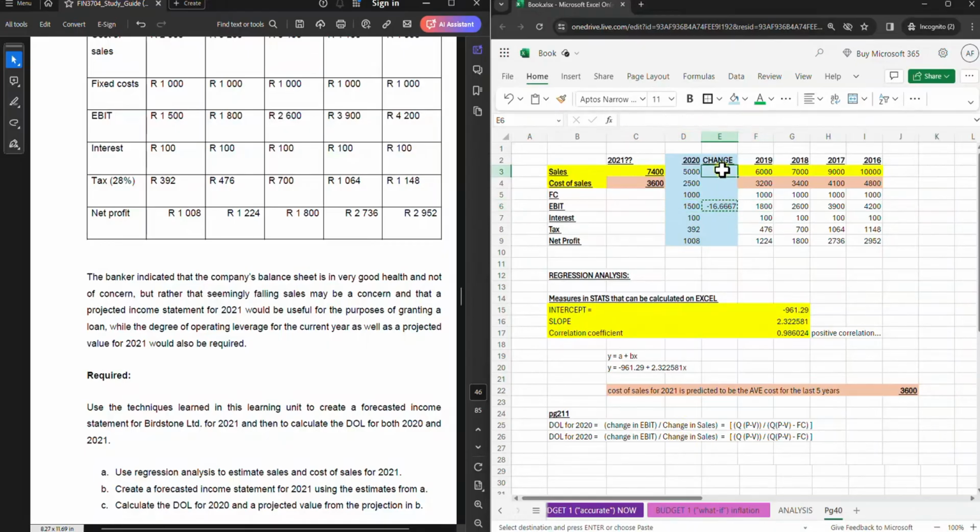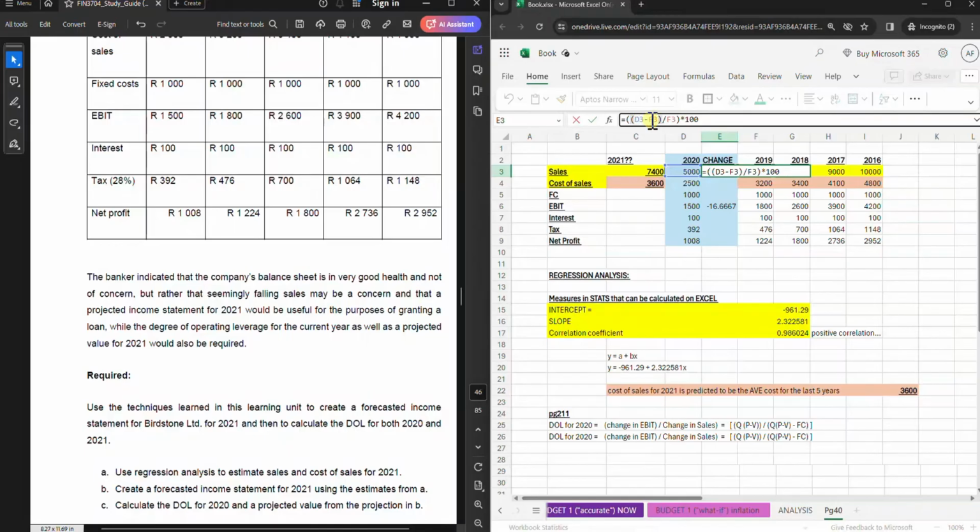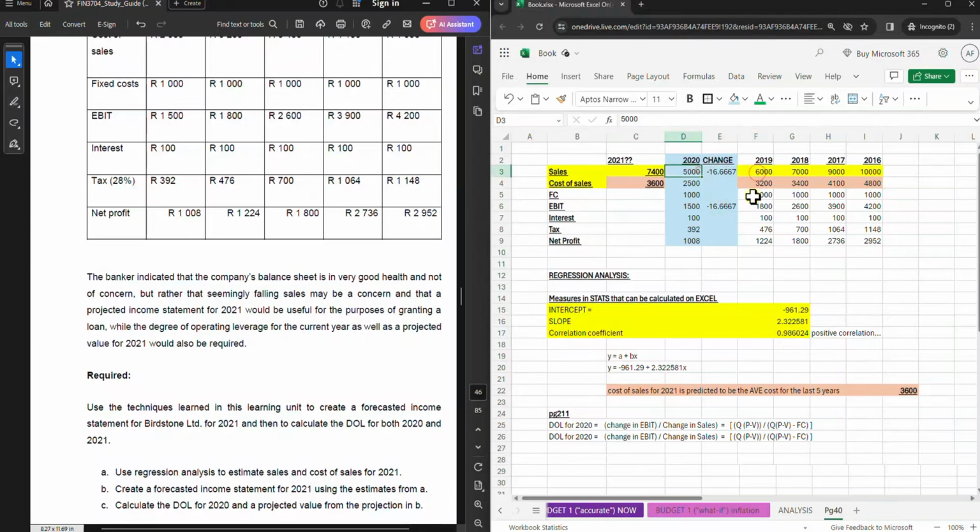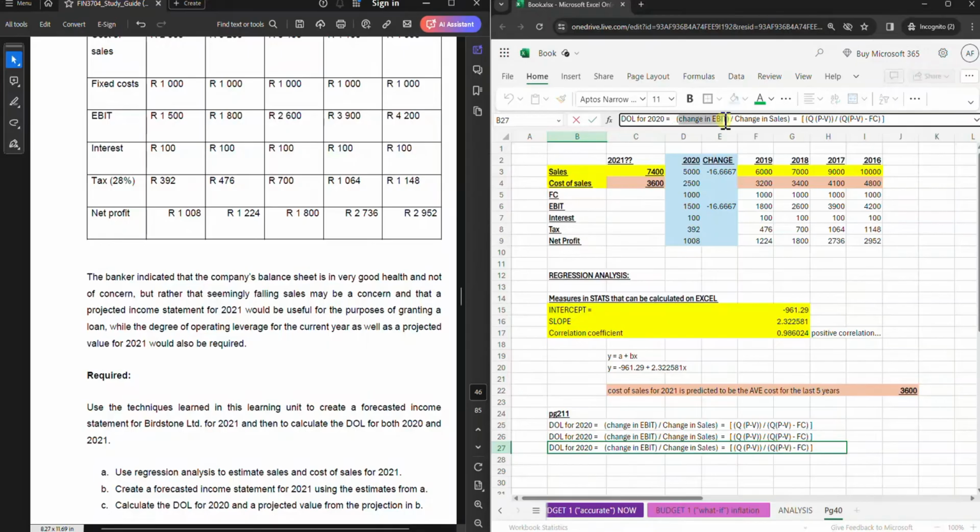What is my change in sales? Same thing, copy, paste. Was it exactly the same? Wow. D3, F3, yeah, wow. So it's the same change, they both decreased. So if we're looking at DOL, the change in EBIT was negative 16.66666 and the change in sales was negative 16.666.